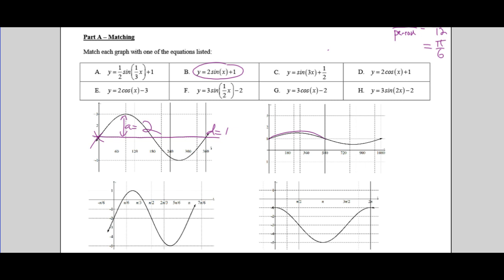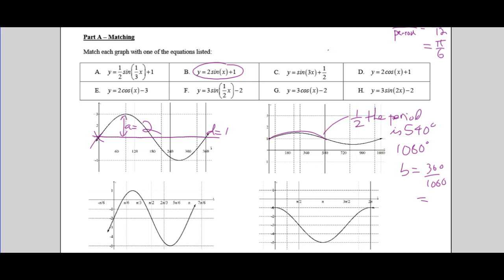Okay, so actually half the period is 540 degrees. So the full period is 1080. So B is 360 divided by 1080. 1080 is how many rotations?